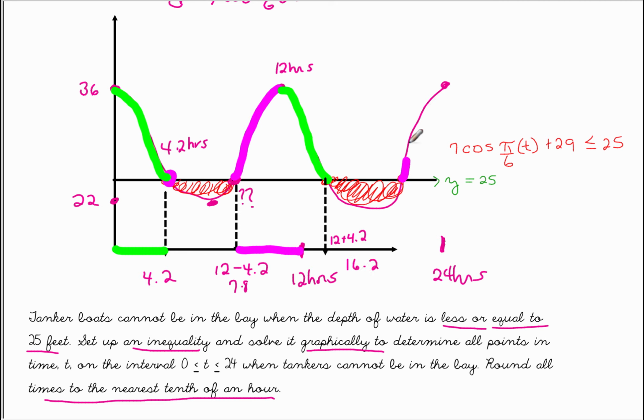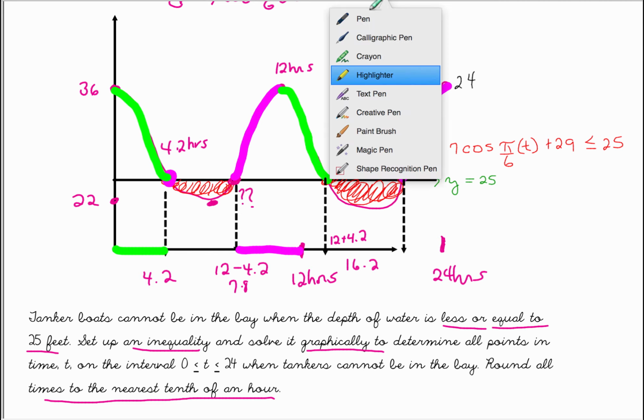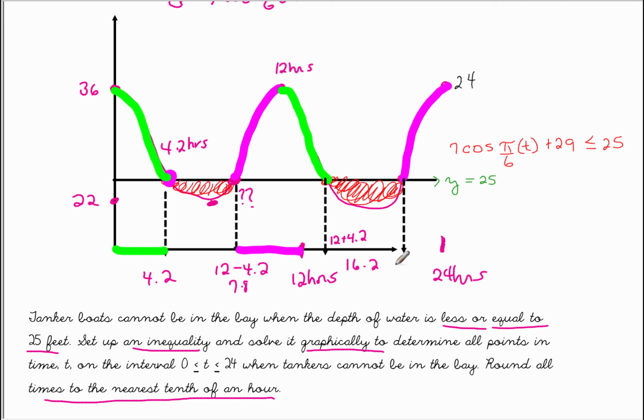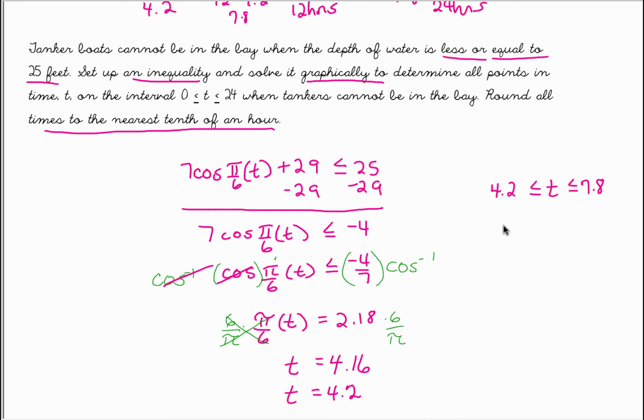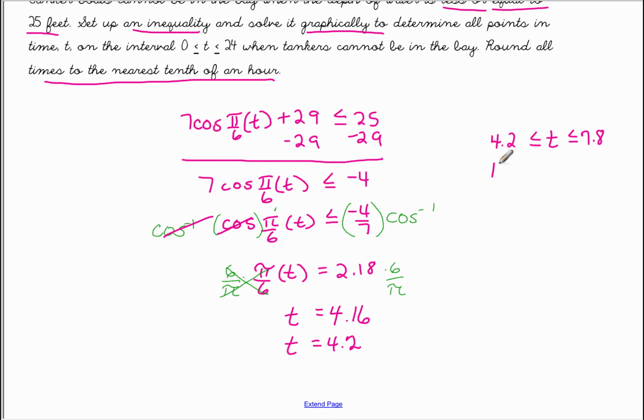And then this is the mirror image and this up here was 24 hours. So this next time frame is 24 minus 4.2. So 24 minus 4.2 is 19.8. So the next time frame that the tanker can't be in the bay is 16.2 hours after that first high tide, up to 19.8 hours after the high tide.